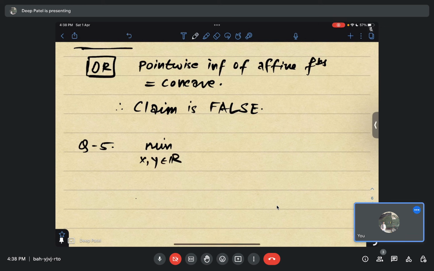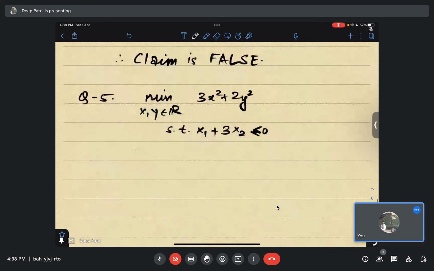So I have an unconstrained optimization case. I am looking at an ellipse, and this linear constraint. It's fine and it's a convex constraint.